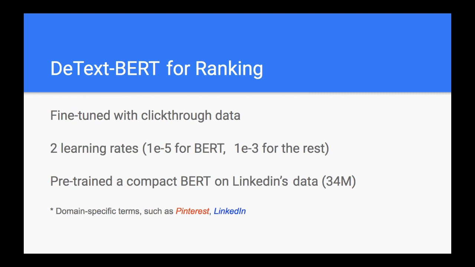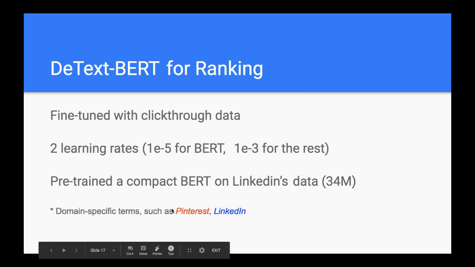And also, more importantly, if you use the standard BERT, a pre-trained BERT trained on Wikipedia and Google Books corpus, then you basically will not have that much performance. Why? Because in the LinkedIn context, there are so many company names which are OOV, out of vocabulary, in the general pre-trained BERT.